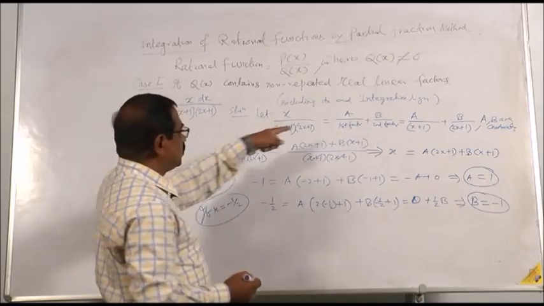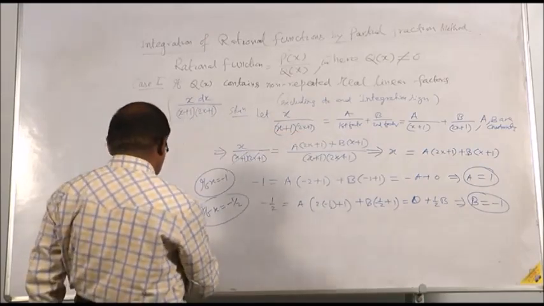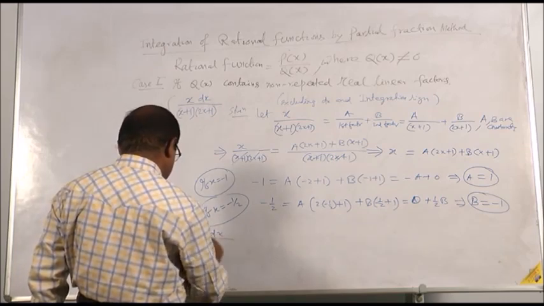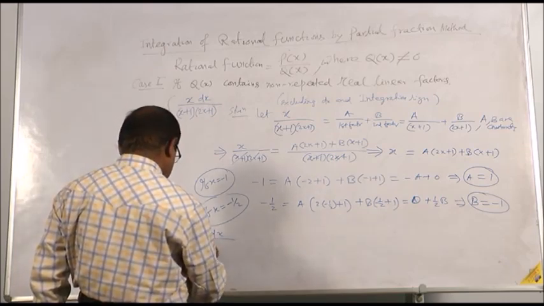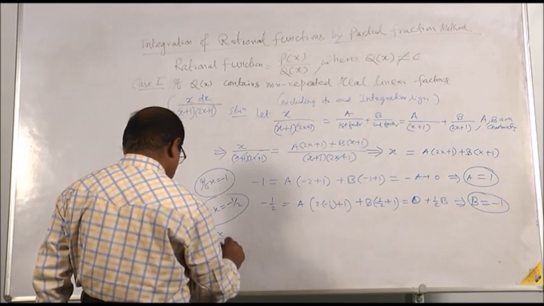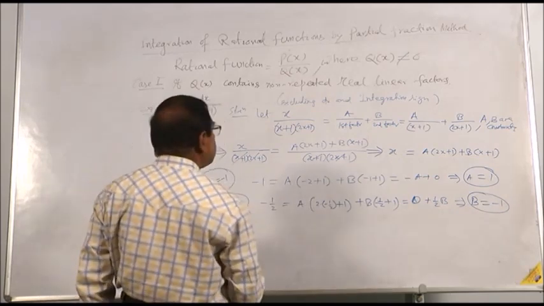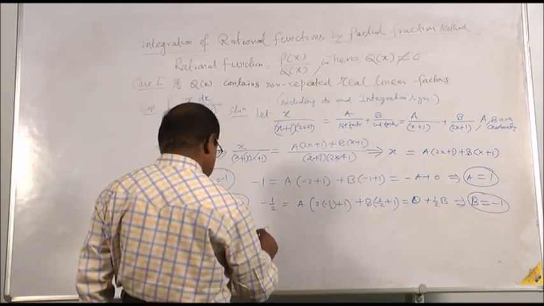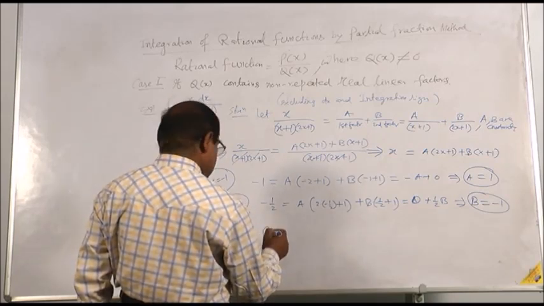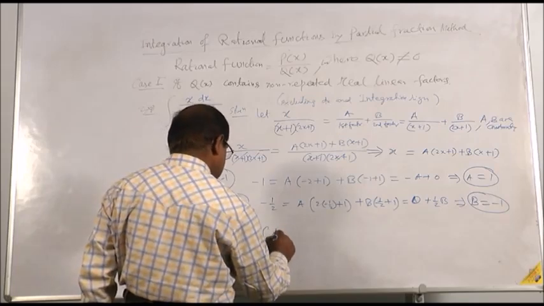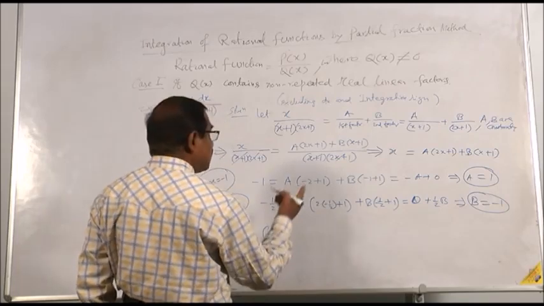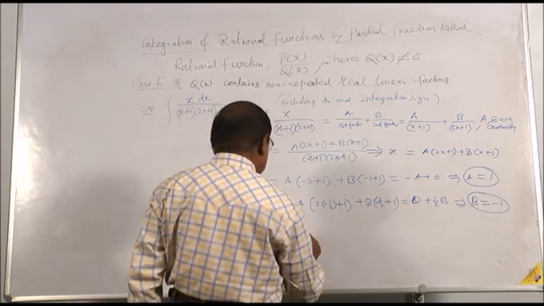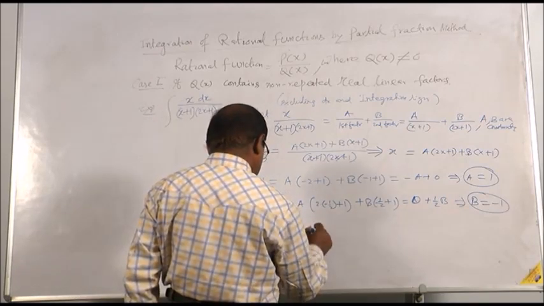Now we can put here to integrate. So the integral of x dx by (x plus 1)(2x plus 1) is equal to the integral of dx by (x plus 1), because the value of A is 1 here, minus the integral of dx by (2x plus 1), since B is minus 1.